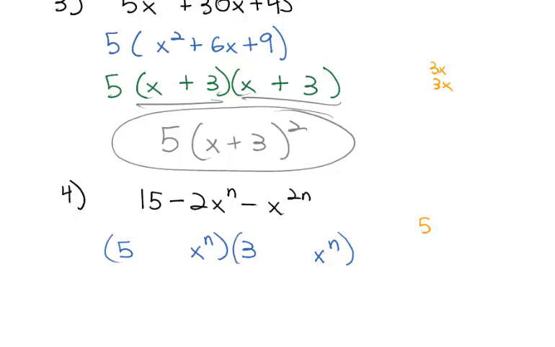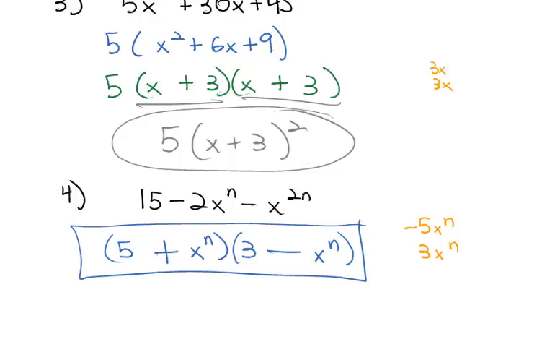Multiplying the outside, we have 5x to the n. Multiplying the inside, we have 3x to the n. We want to end up with negative 2. The way we get negative 2 is we make the 5 negative. So the factor with the 5 was on the outside, negative on the outside, so 5 times negative x to the n is negative 5x to the n, and a positive 3x to the n on the inside, we have now factored our trinomial.